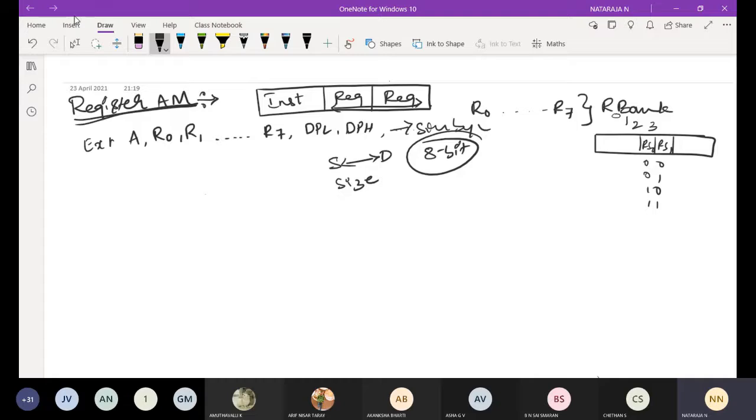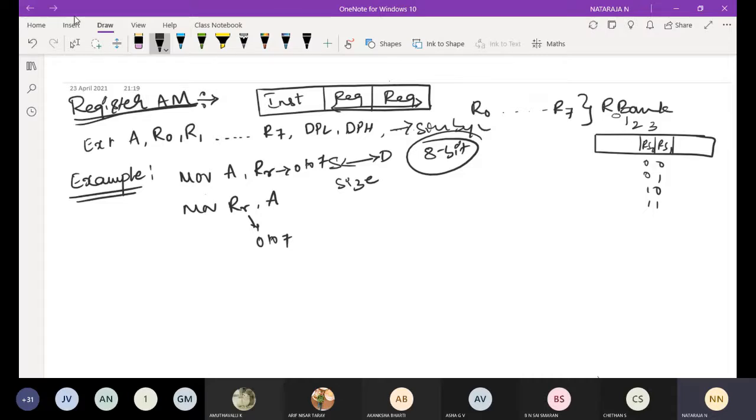Next, let me take an example. First one: MOV A, Rn. MOV Rn, A. This R varies from 0 to 7, and this R also varies from 0 to 7.